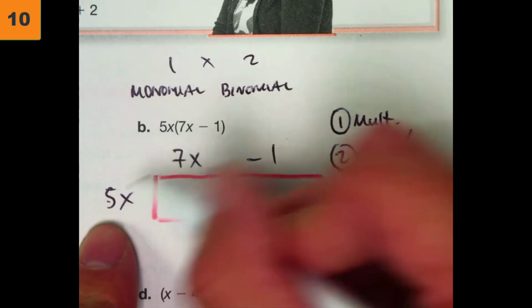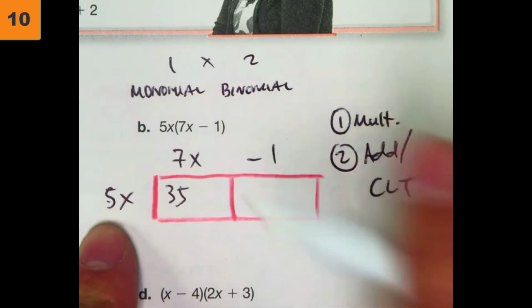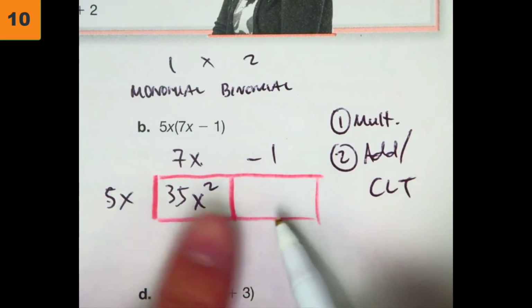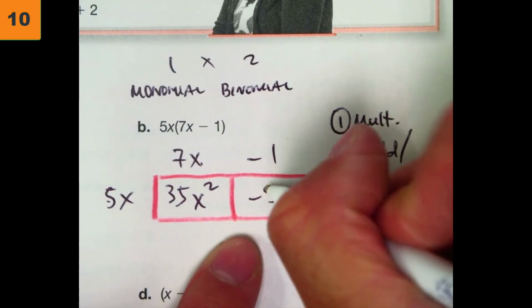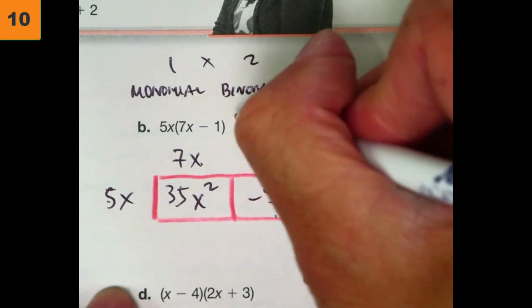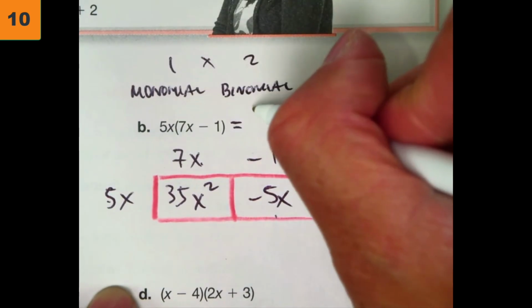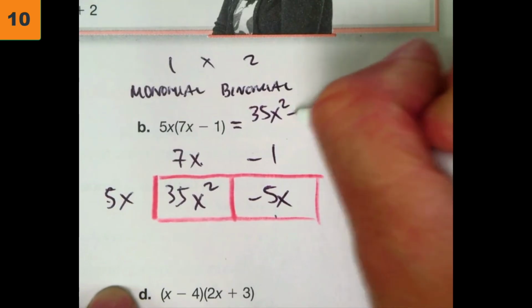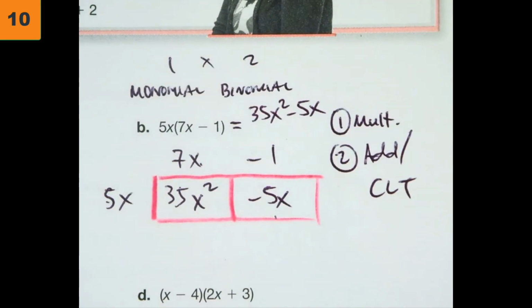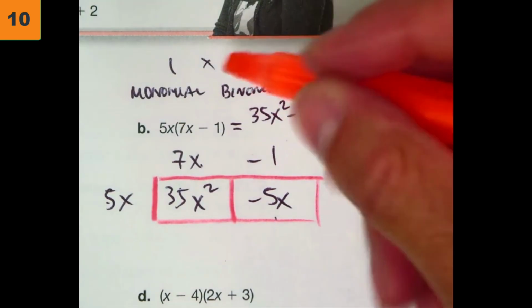So I'm going to multiply 5 into 7, gives us 35. And x times x is x squared. And what goes here? Negative 5x. So I'm going to write my answer next to this one because this is an expression and this is equivalent to 35x squared minus 5x. And that's my answer.